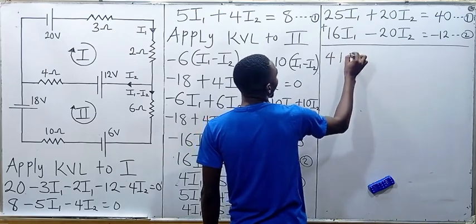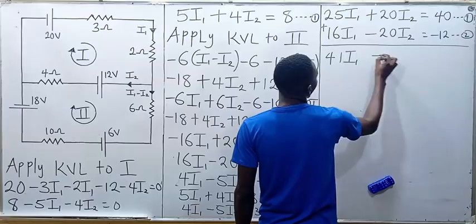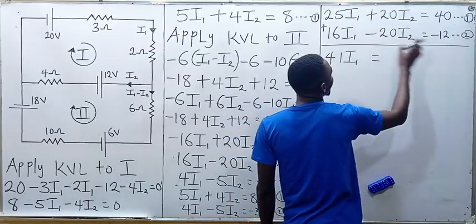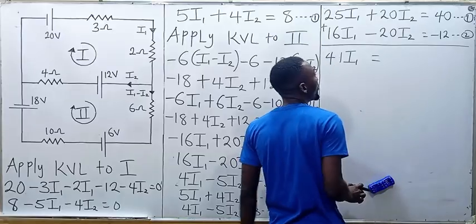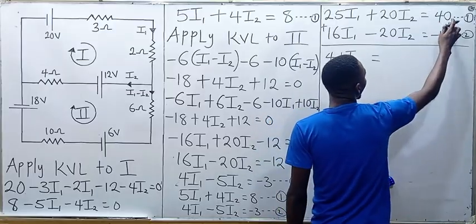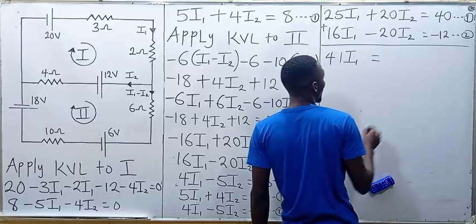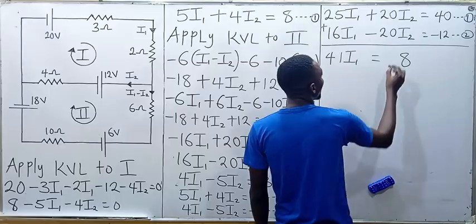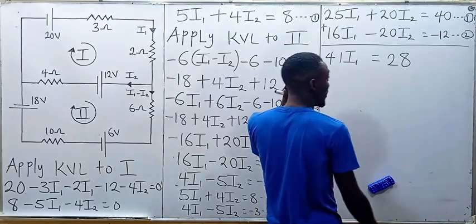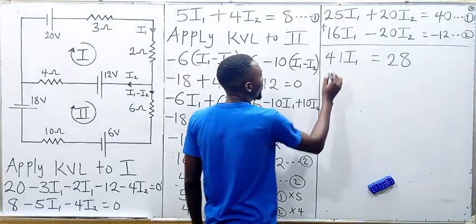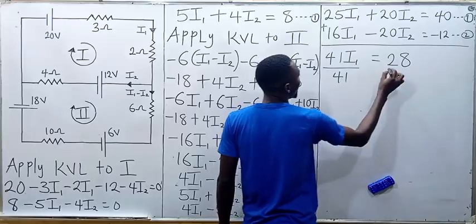So we are going to have 41I1 equals, if we add this and this, that is 0. 40 plus minus 12, that should give us 28. All right, so for us to get I1 now, we divide both sides by what? 41. So we divide both sides by 41.